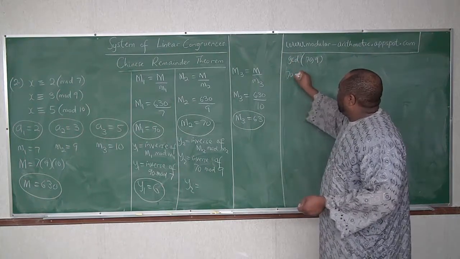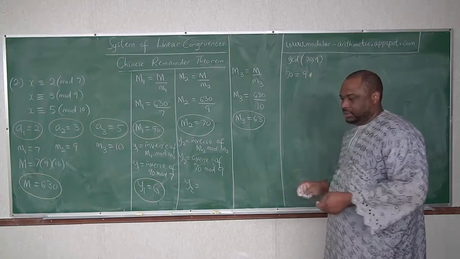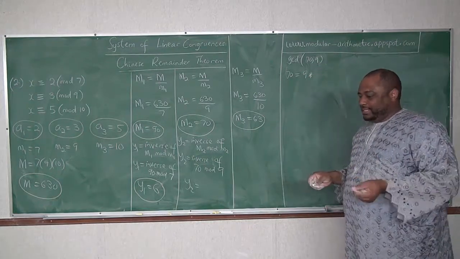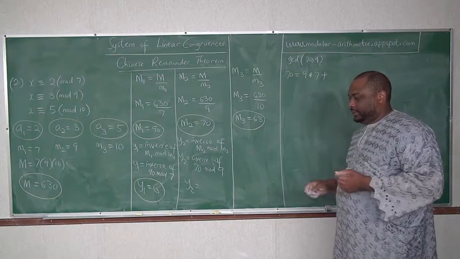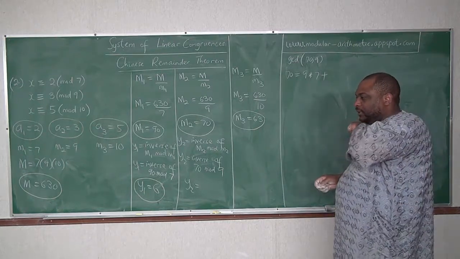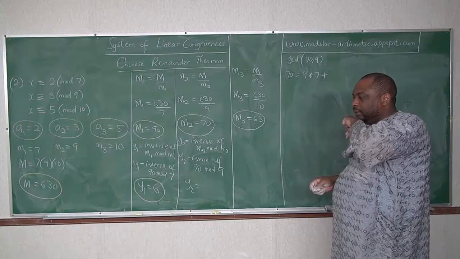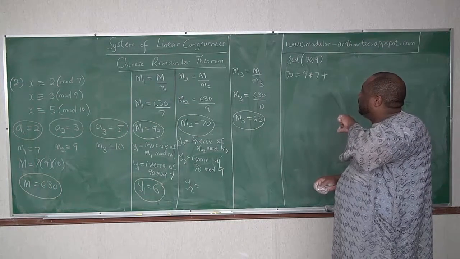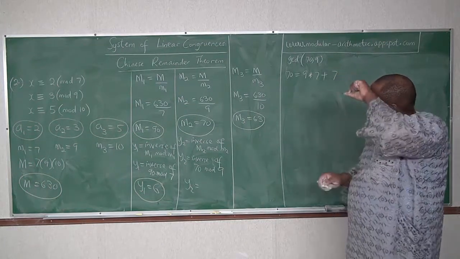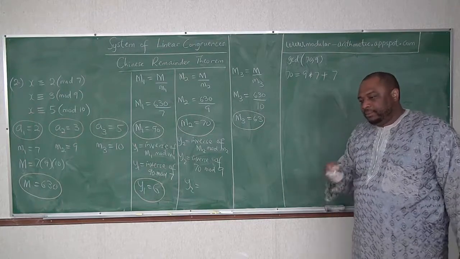So 70 is 9 times 7, which is 63, plus 7.